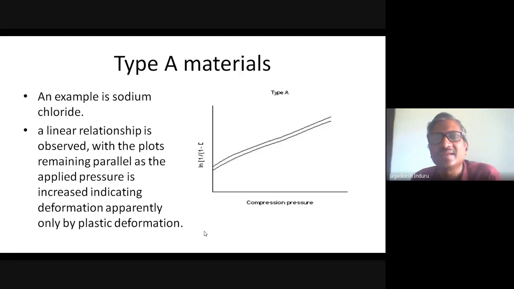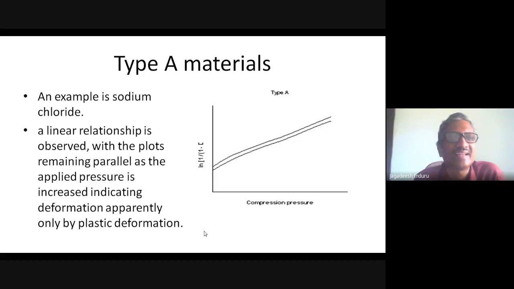It means the material already has weak spots, and you don't have much of a yield point there. It means the material is behaving as a plastic material. It does not have much elasticity, so the elastic modulus for this type A material is very low. For example, this is sodium chloride.